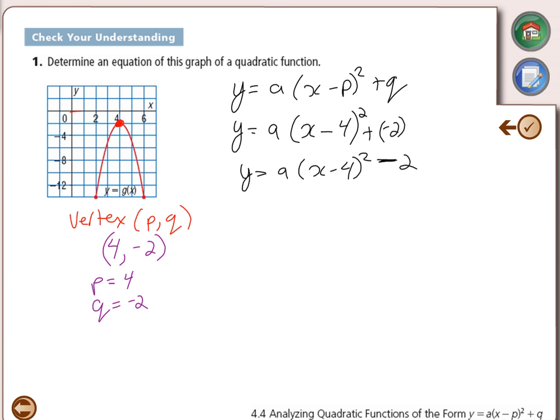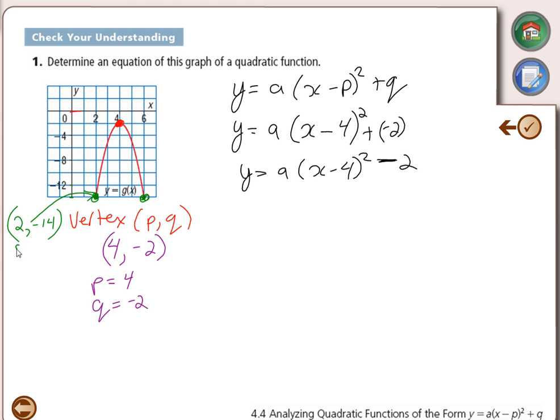In order to get the a value, take any other point, not the vertex, any other point. How about this one right here? They gave us 2 points there. I could use this one or I could use that one. I know those ones are exact points because they put the point on it. I'm going to find the coordinates of them. So let's just use the first one. This point is 2, comma, this one's negative 12, so that's negative 14.